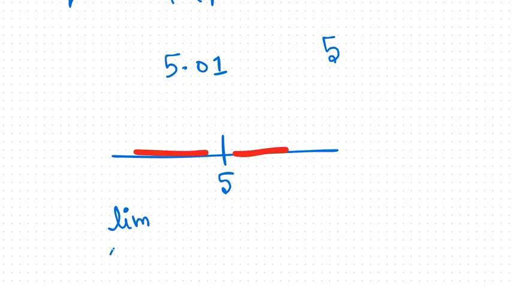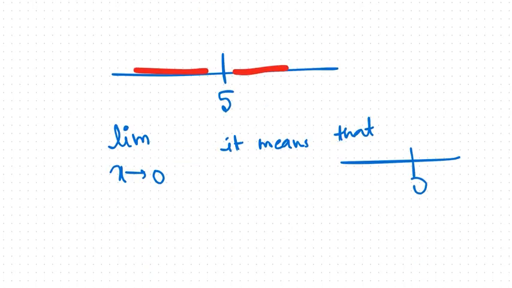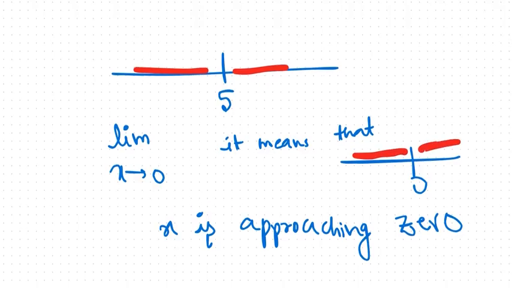So when it comes to limits, when we say in the question x tends to 0, it means that x is approaching 0. There are two ways to approach 0, either from the left side or the right side.